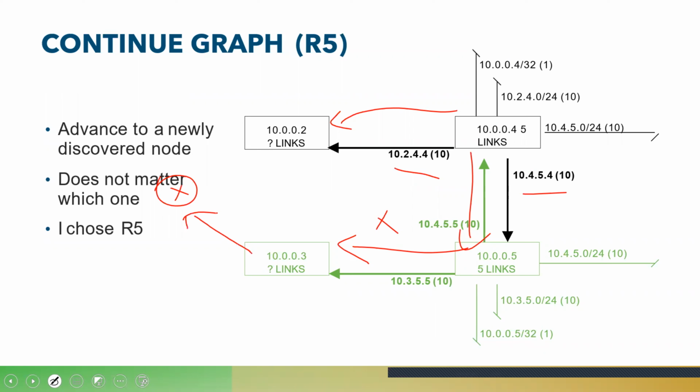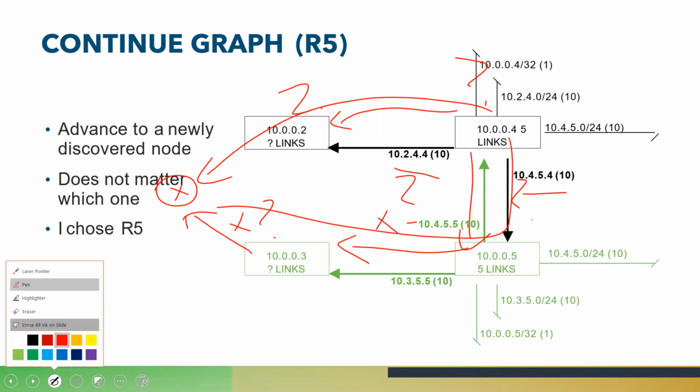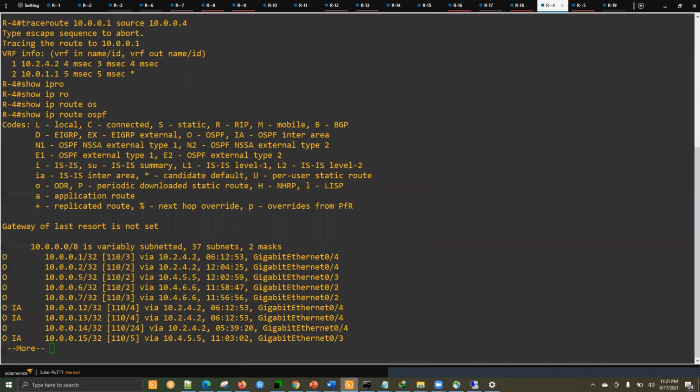So to reach here, what will be the cost? Cost here, cost here, cost here. And to reach in this direction, what will be the cost? If the cost in this path is lesser, obviously it will go via the longer path, correct? So that we want to correct here, and you can see here R4.